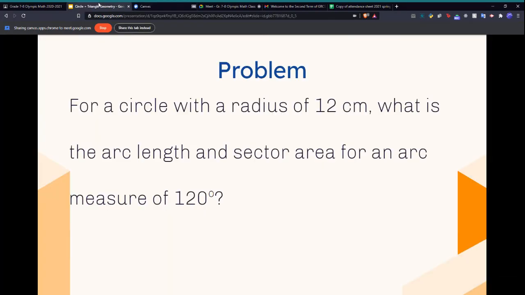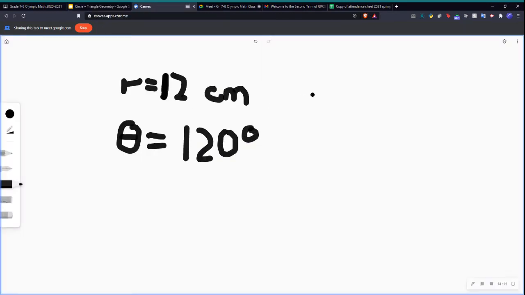So what should be the first step of this question? We should probably calculate the area and circumference of the circle because we need both of those. We need area for sector area, and we need circumference for arc length. So let's do that first. Let's calculate circumference first. Circumference is just 2 pi r.